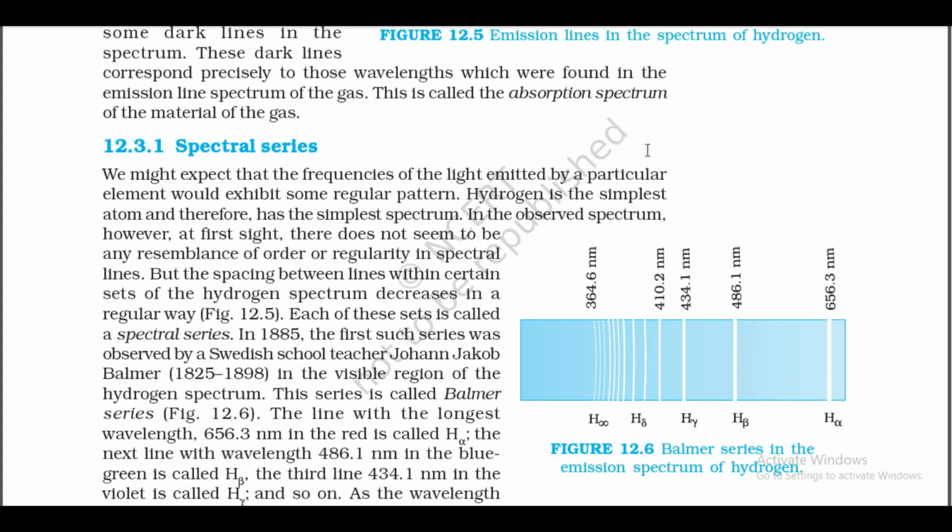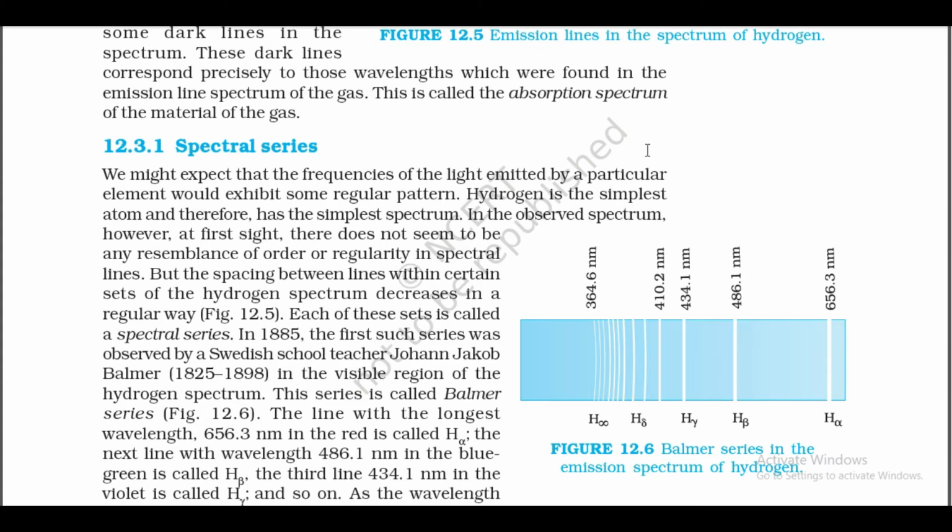In the observed spectrum, however, at first sight there does not seem to be any order or regularity in spectral lines. But the spacing between lines within certain sets of the hydrogen spectrum decreases in a regular way. Each of these sets is called a spectral series.